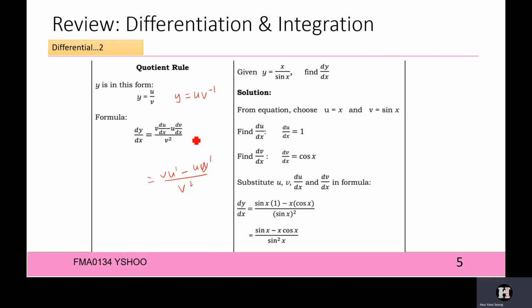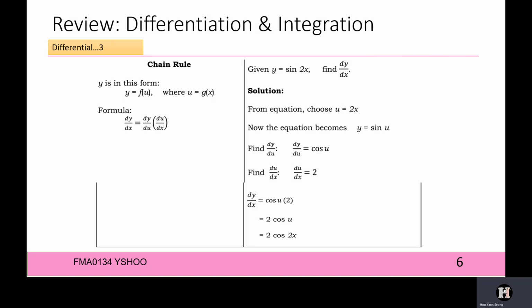So when we have the question x over sine x, you identify the top, the numerator, as your u and the denominator as your v. Then you differentiate normally and substitute inside. See whether you can simplify or not; if not, just leave it as it is.